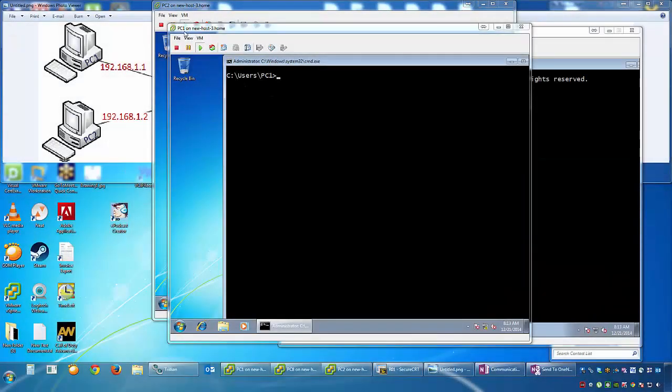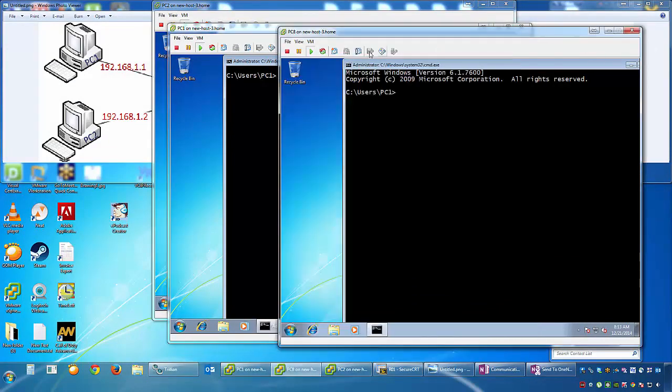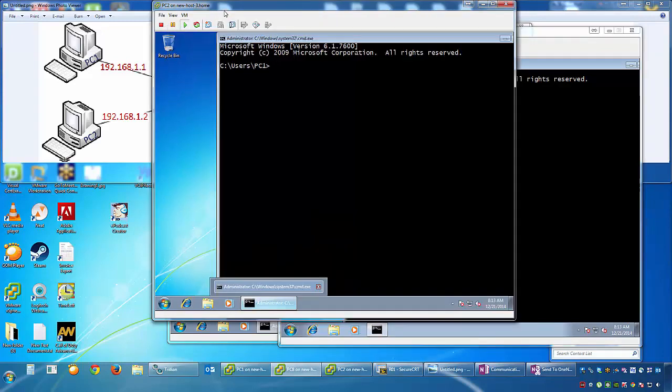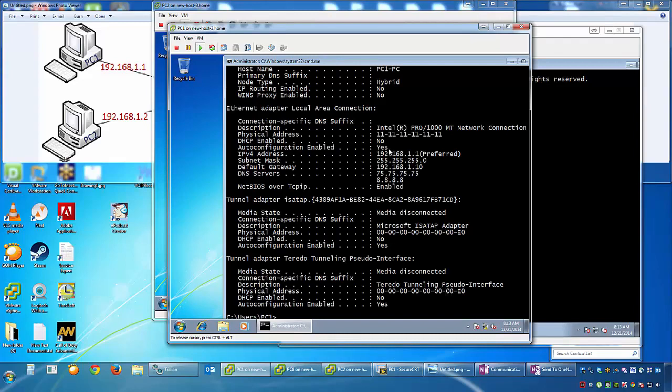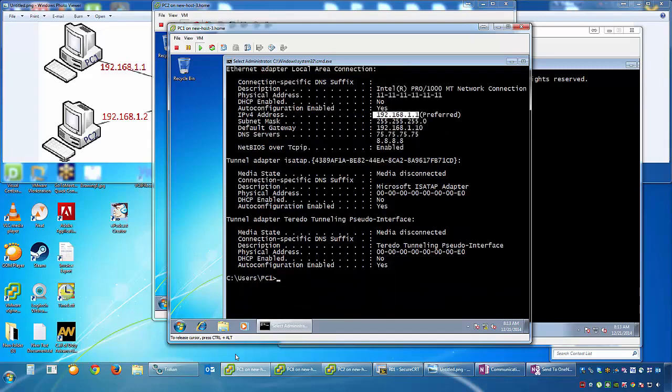All right, now you can see up here, if it's not too small for you to see, it says PC1, here's PC2, and over here is PC8. So first we're going to verify that our IP addresses are correct and what our MAC addresses are. So pretty simple, 192.168.1.1. That's for PC1. You can see down here that we are labeled PC1.